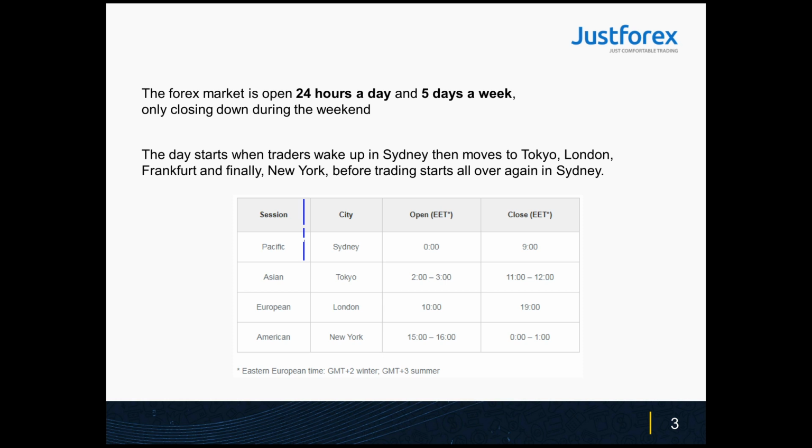And let's say if you have your daily activities, if you're learning or you have your day job, simply you can choose the specific time when it is more convenient for you to work, to trade, and find the opportunities at this market. So this is actually one of the greatest opportunities and one of the greatest bonuses that the Forex market gives you.